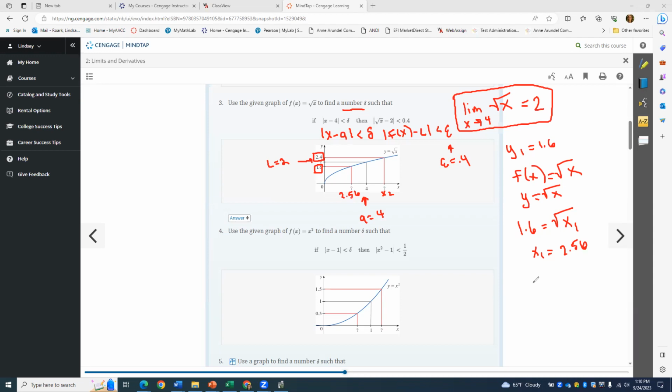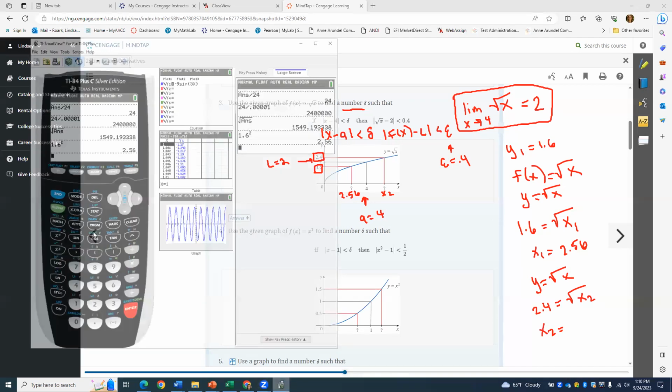This time, remember, we're just saying y is the square root of x, and this time I'm using 2.4 as the square root of it. I'm going to call it x2. You don't have to label it x2, but sometimes it's nice to keep track of what we're talking about. Okay, so to find the corresponding x value, I'll just square both sides.